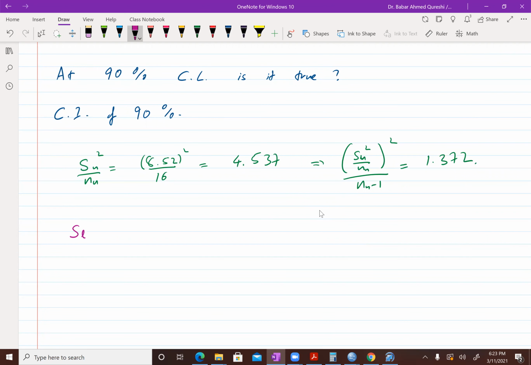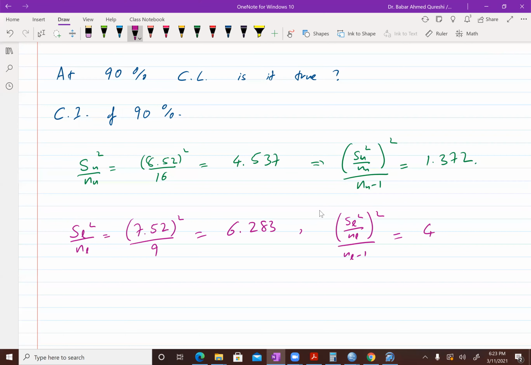Similarly, I have to do this. Again, I had 7520. So that becomes 7.52 square over 9. This gives me this number. And then I compute this value as well. And this gives me 4.935.